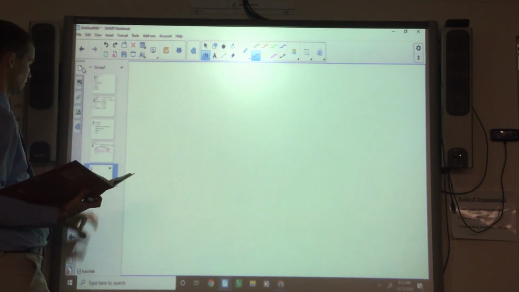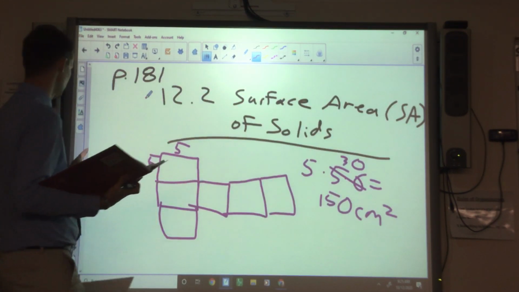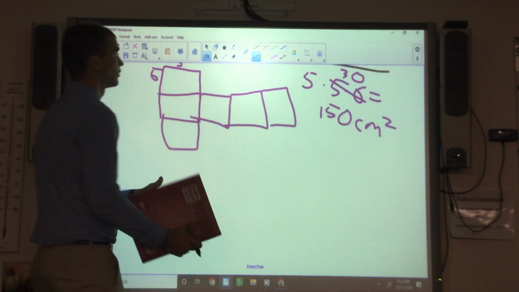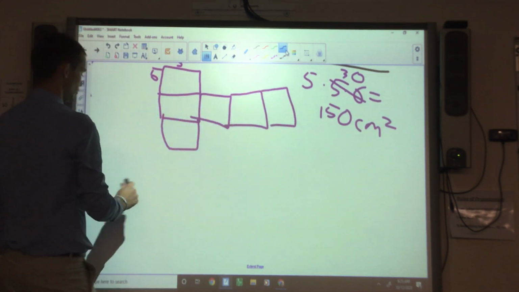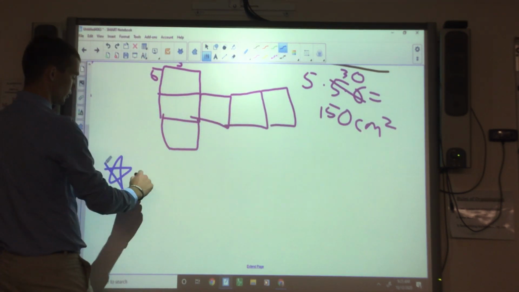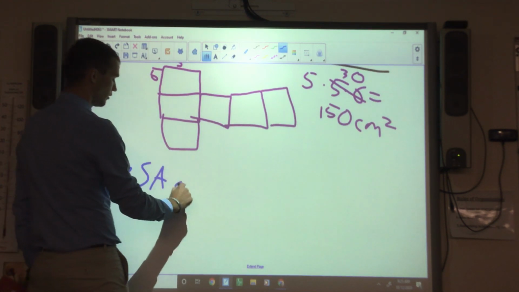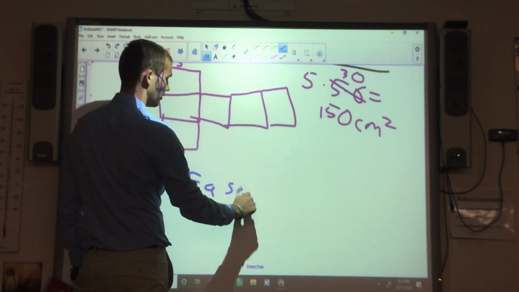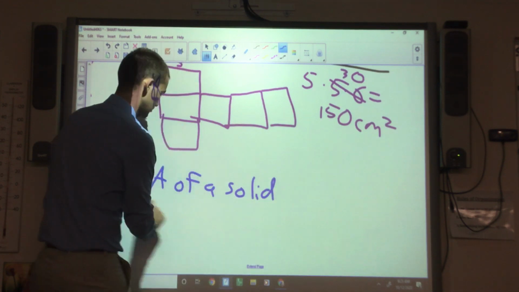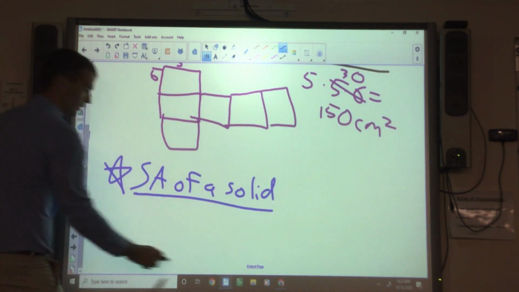So the basic thing to remember, and make sure you are starring this, circling it, whatever else: the surface area of a solid. This is true for all solids.